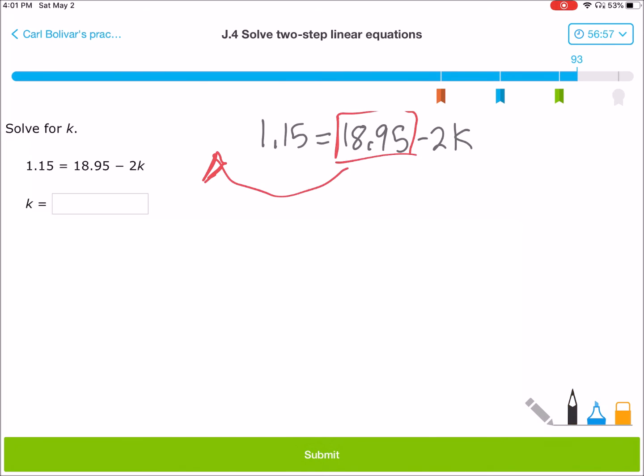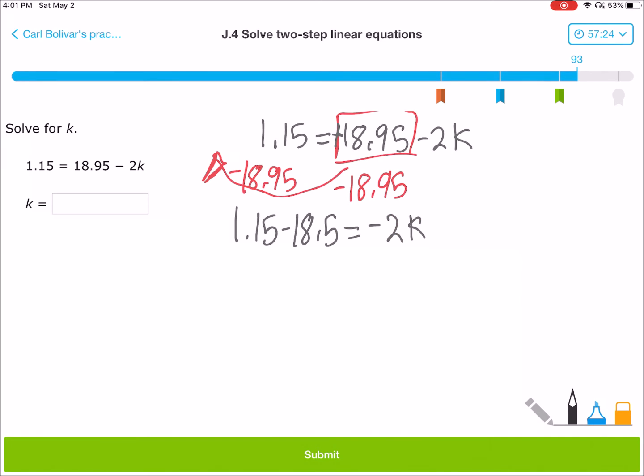Alright, since this has a positive in front of it, we will subtract it from one side and we will subtract it from the other side. Alright, so then this would then be 1.15 minus 18.95 is equal to negative 2k.